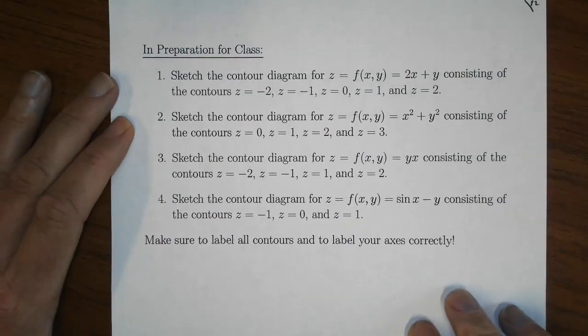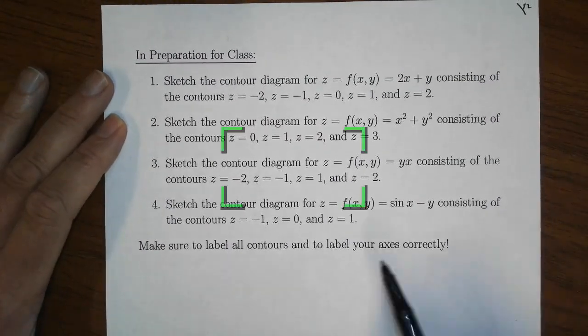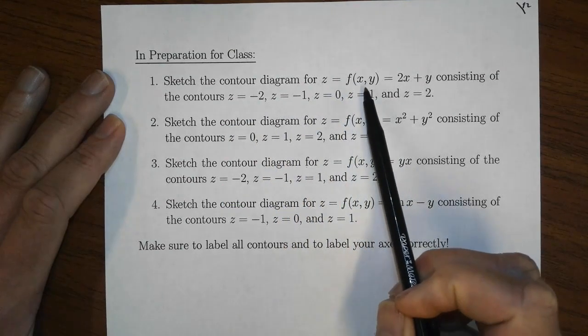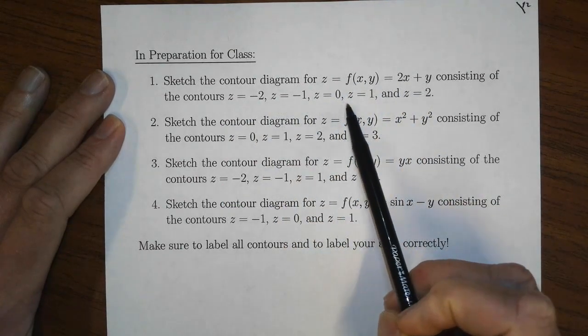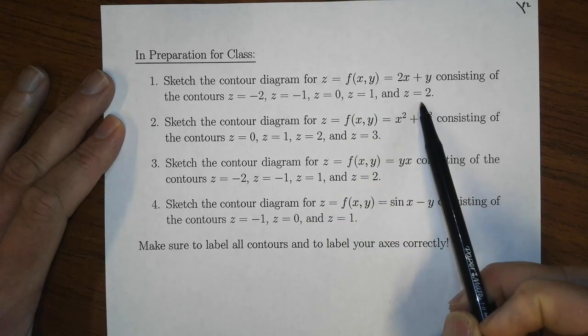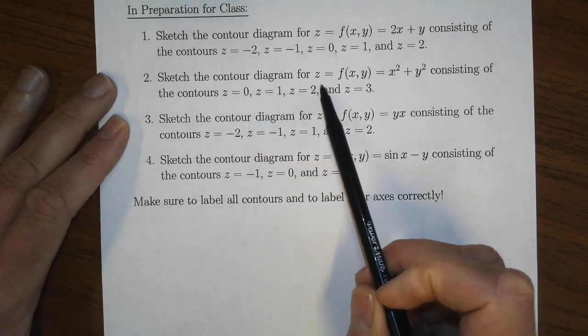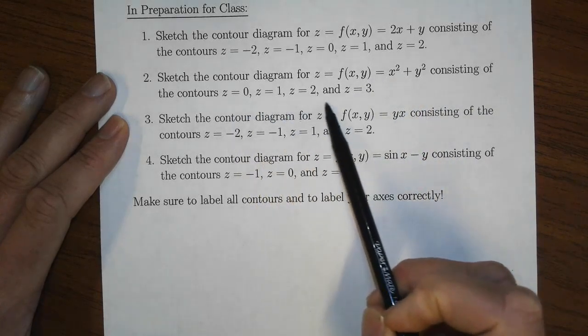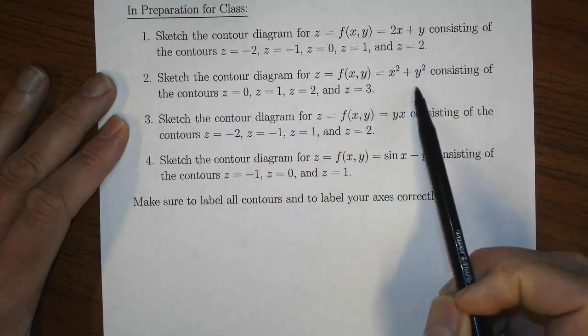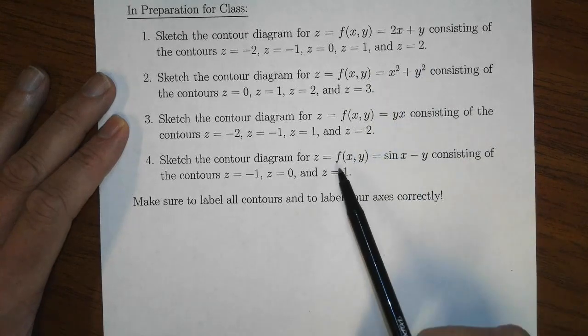Here are some examples for you to consider in preparation for class. We have a function f of xy equals 2x plus y. Sketch the contours corresponding to these values. Sketch the contour diagram for f of xy equals x squared consisting of these contours. In this case, we're going to have circles.